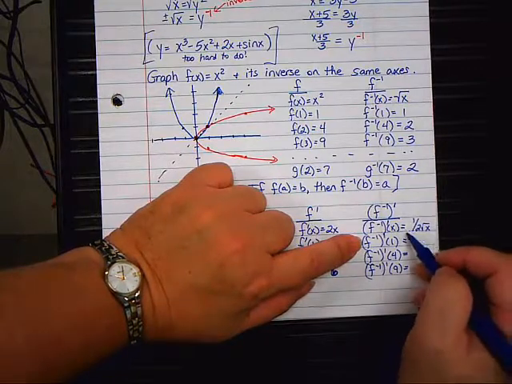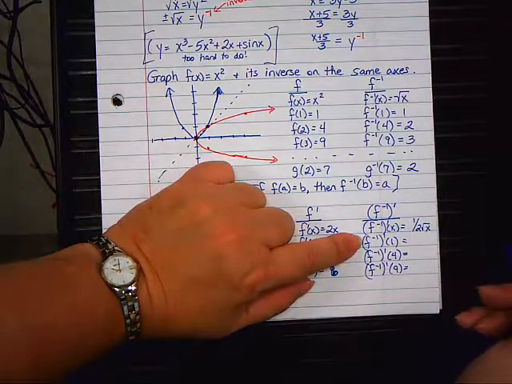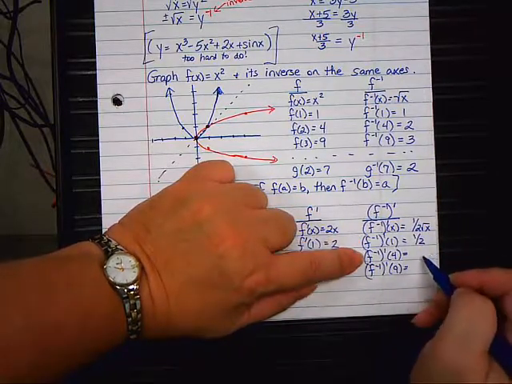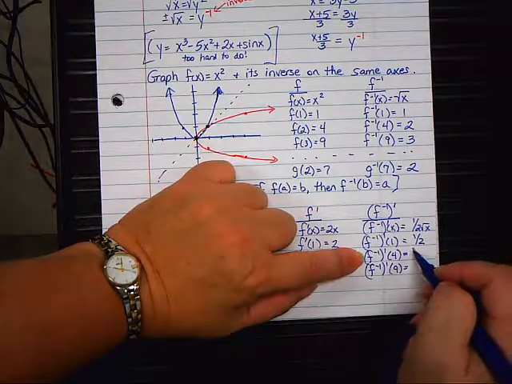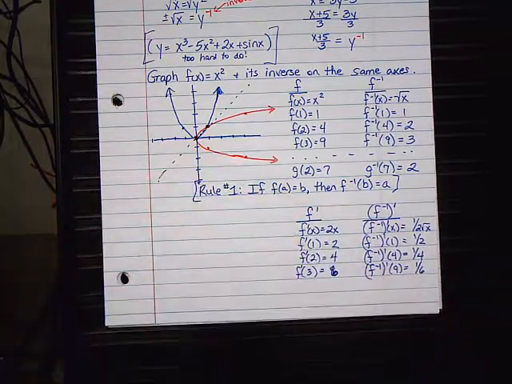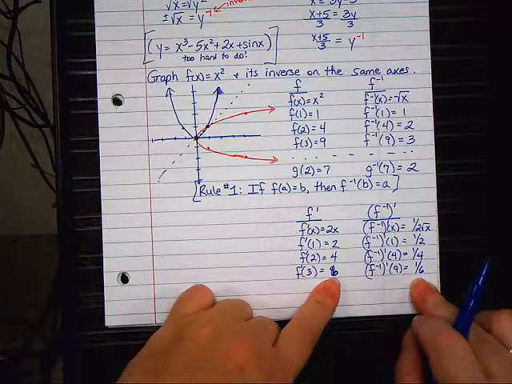So take this derivative we just found, plug in 1. What do you get? 1/2. When you plug in 4? 1/4. When you plug in 9, you get 1/6. What's going on here? It's the reciprocal, isn't it?